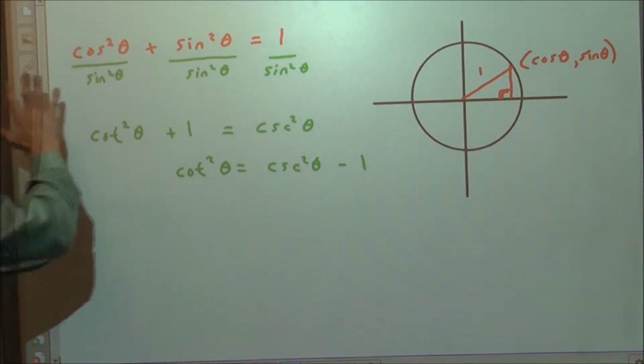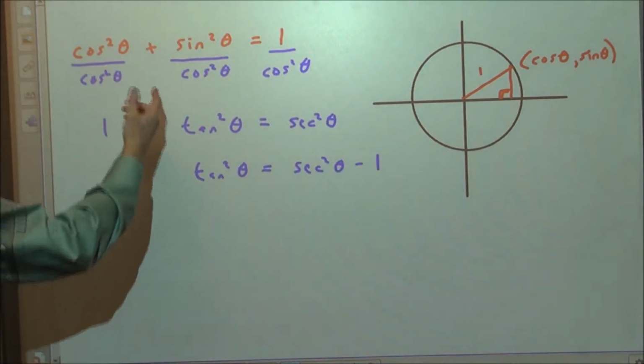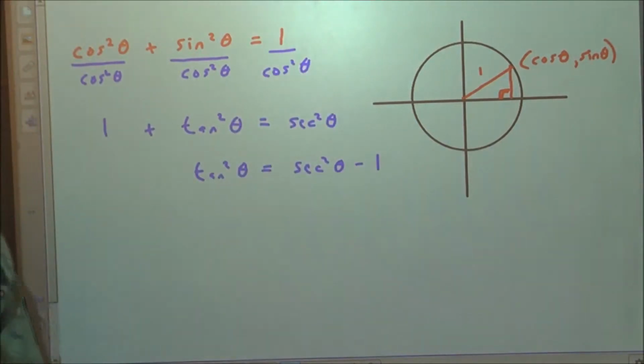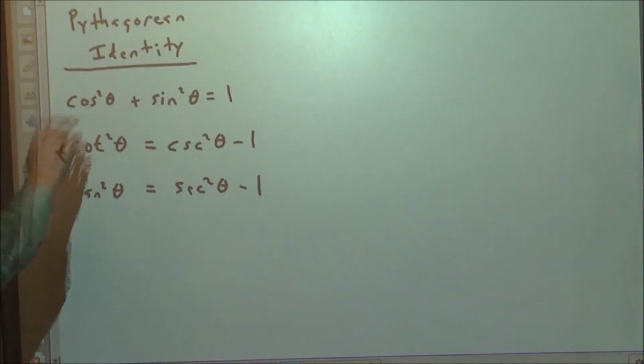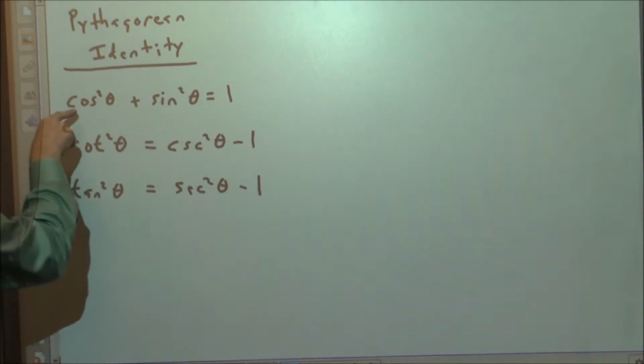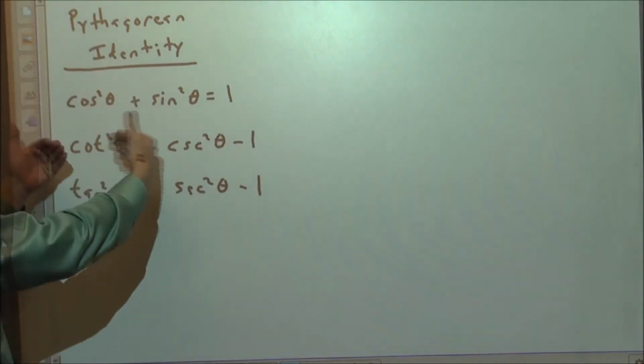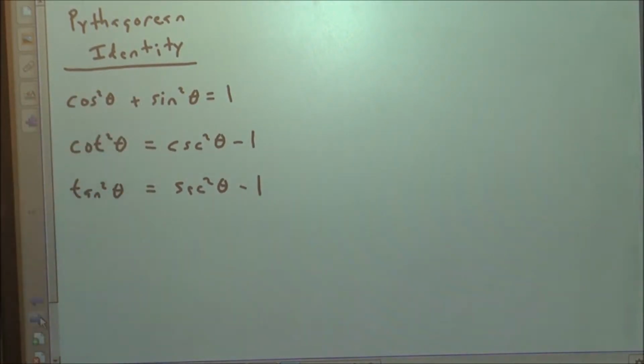So the Pythagorean identity, when we divide both sides by sine squared, leads us to another important relationship. Likewise, divide both sides by cosine squared, and you get a relationship between tangent squared and secant squared. So all a person really has to do to memorize these 3 trig identities is to start with the Pythagorean identity and then recognize how each of these would come from that.